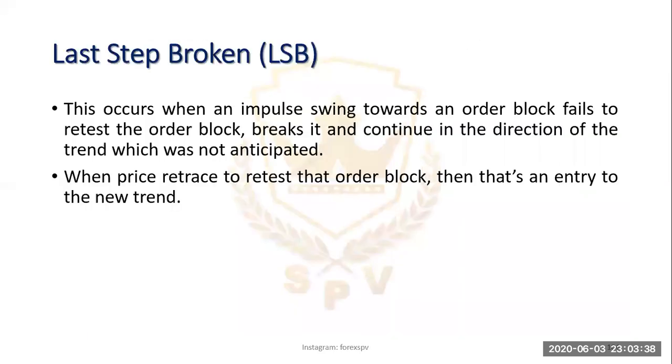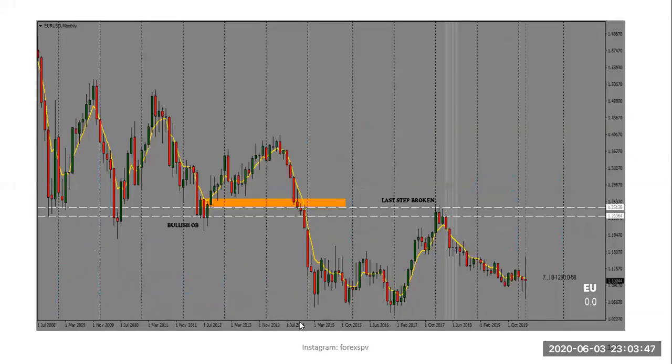And we have what we call the last step broken. The last step broken is usually the same as the mitigation and the breaker block. Because at this point, we had this last red candle here.